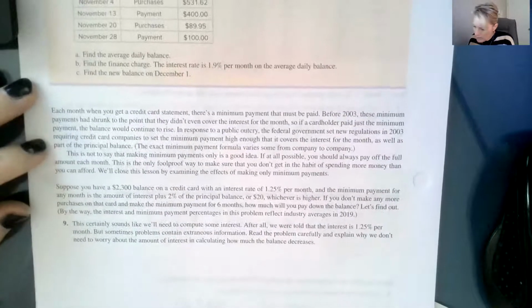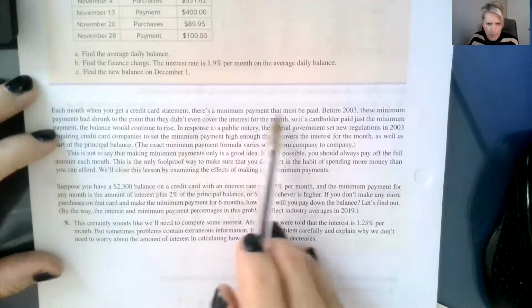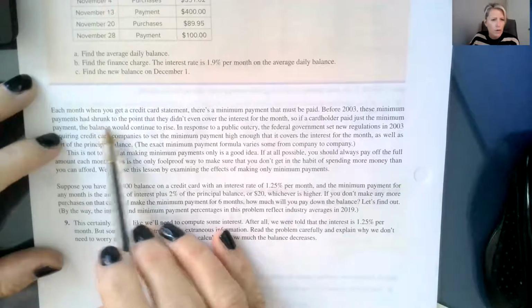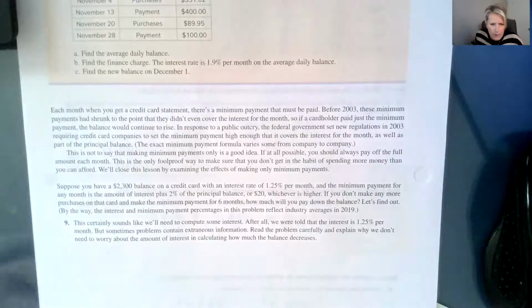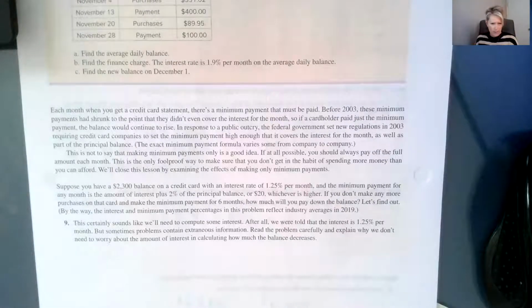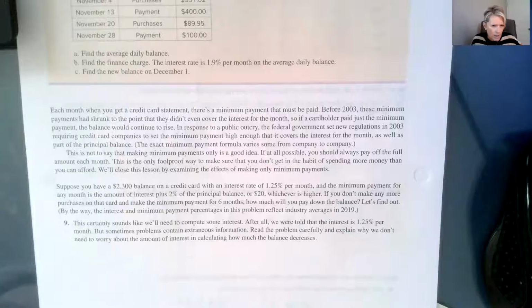Page 298 says each month when you get a credit card statement, there's a minimum payment that must be made. Before 2003, these minimum payments had shrunk to the point that they didn't even cover the interest for the month. So if a cardholder paid just the minimum payment, the balance would continue to rise. In response to a public outcry, the federal government set new regulations in 2003 requiring credit card companies to set the minimum payment high enough that it covers the interest for the month as well as part of the principal balance.